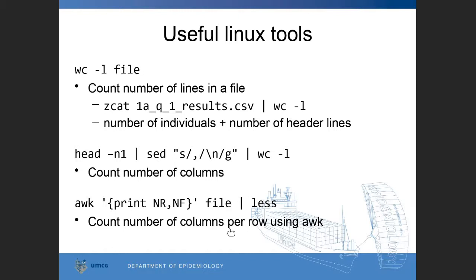Or alternatively, this is only counting the number of columns, assuming that every row has the same number of columns. If you don't know this and want to find out if all the rows have the same number of columns, then you can use this awk command, saying print the number of the row, and the number of fields or number of columns within this row.